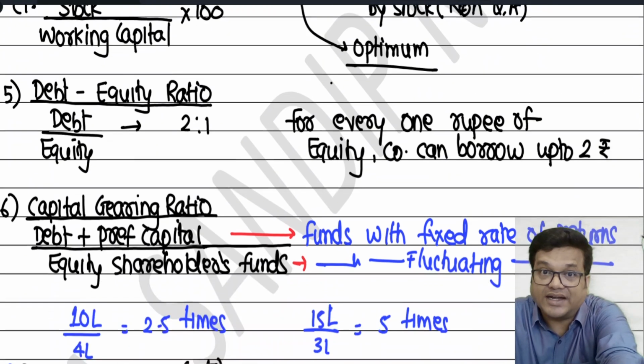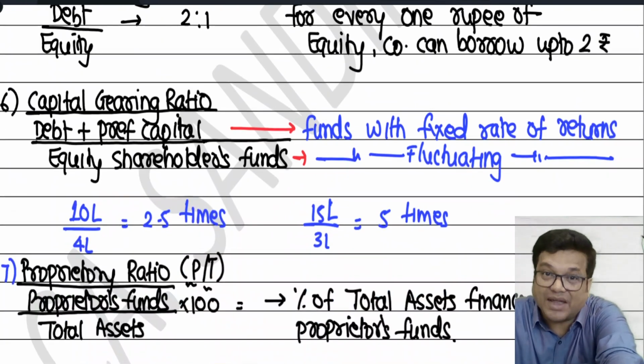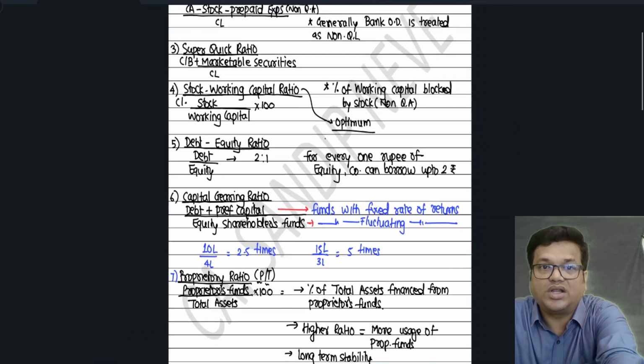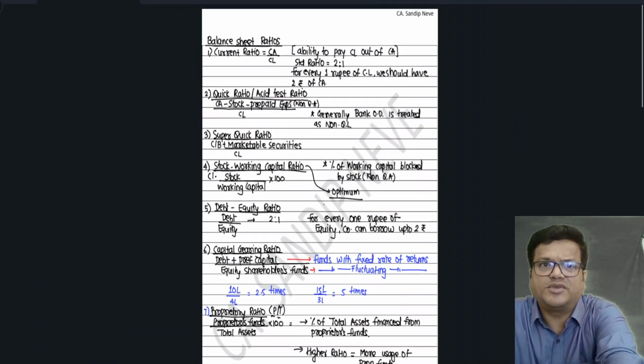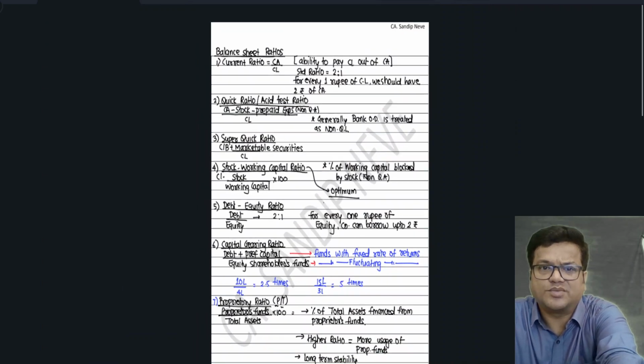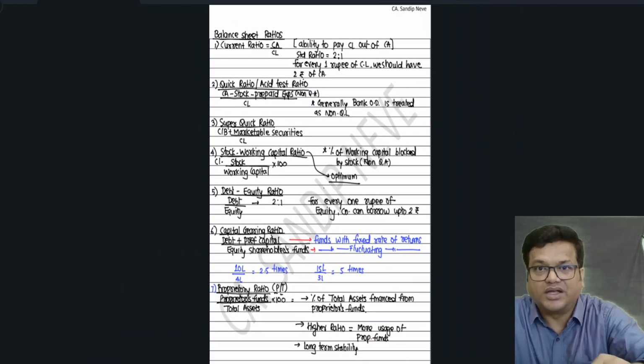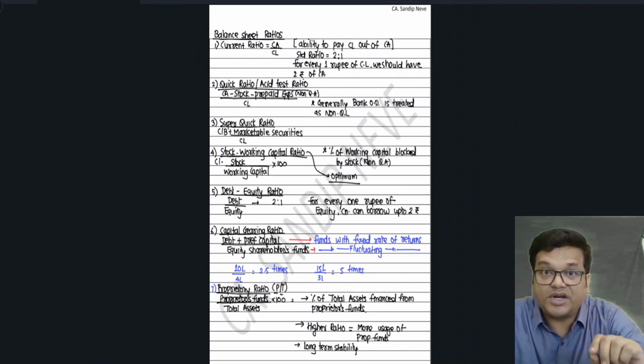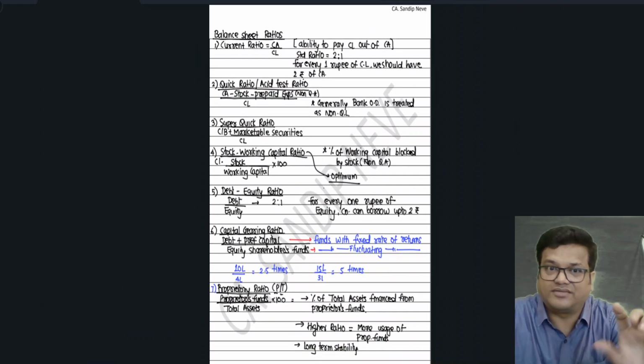Fifth one, debt equity ratio. Sixth one, capital gearing ratio. Seventh one, proprietary ratio. Okay, so these are all seven balance sheet ratios that we are supposed to remember. I hope this was helpful to all of you. Correct, people? So what are you going to remember? How many total ratios in the balance sheet? Seven ratios. Okay, thank you.